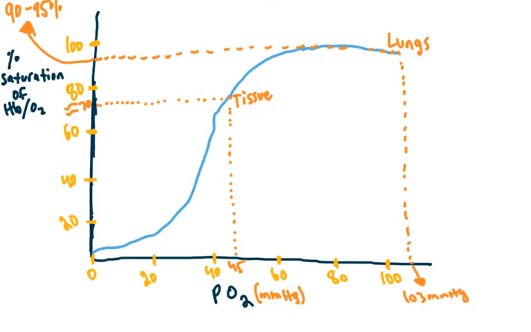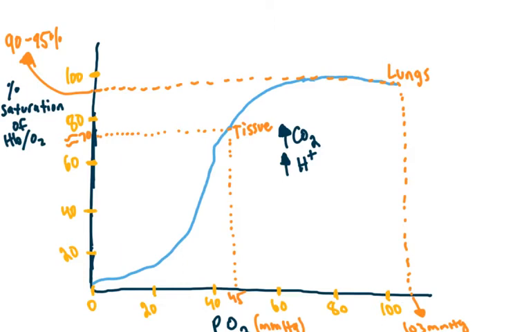And why did that happen? Because of increased CO2 levels and increased hydrogen cation levels. Remember, the hydrogen cation levels occurred mostly because of the water and the CO2 reacting to form carbonic acid, and then that carbonic acid dissociated into a hydrogen cation and a bicarbonate anion.